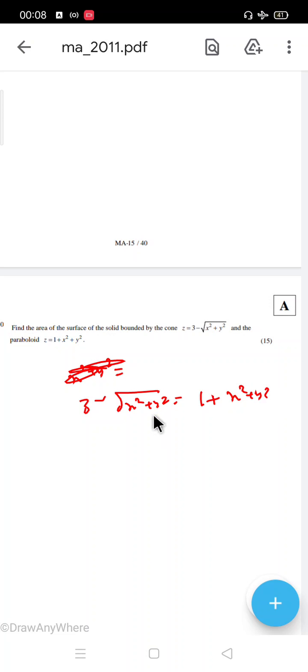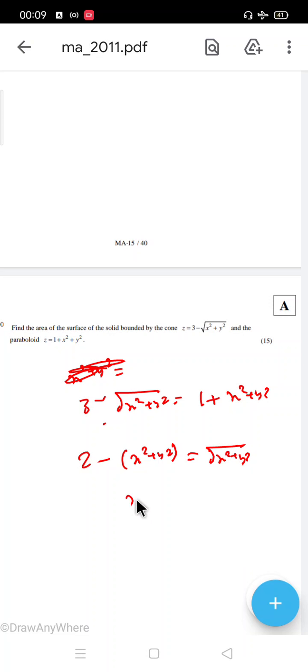Okay, so that means 2 minus x square plus y square is equal to root of x square plus y square.